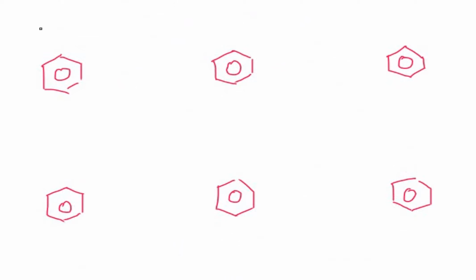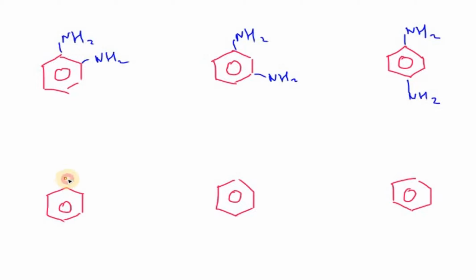Now let's consider here we have NH2, here also we have NH2, here we have this case, and here also NH2. Now also, talking about the para side, here we have OH and OH over here. Here we have OH and OH, and here we have OH and OH over here.